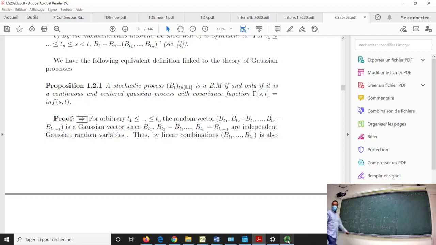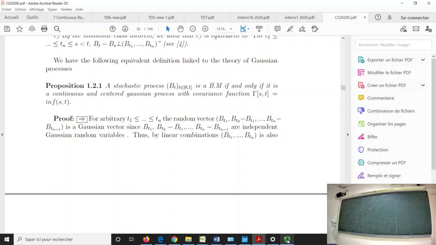So the mean function is the good one. It remains to find the variance covariance function, that is, to compute the expectation of the product, because the expectation is 0, so the covariance is this one.